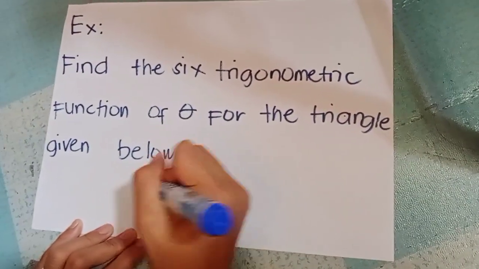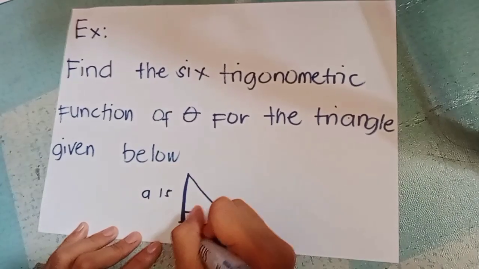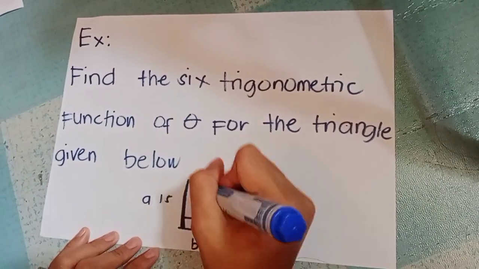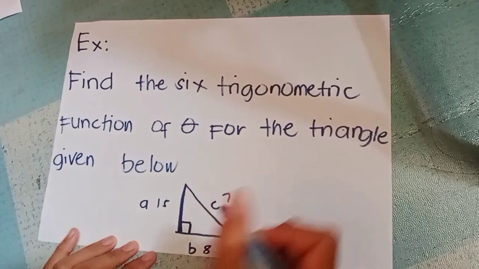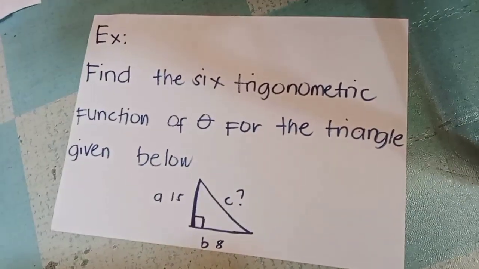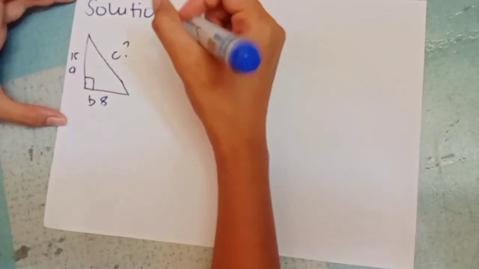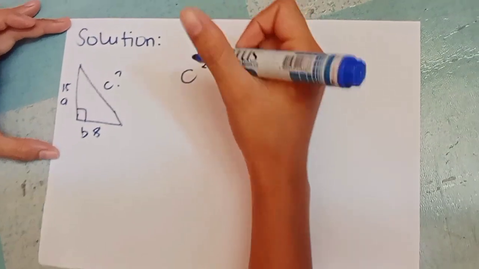A equals 15, B is 8, then we find the value of C. I have here a solution. I transferred to another bond paper to solve it, so I drew again. I'm sorry for my drawing.